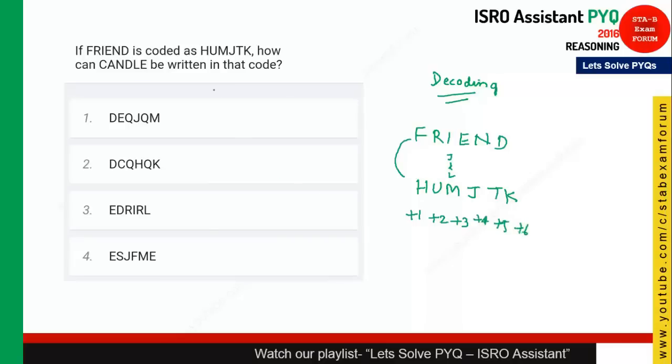The word which we need to code is CANDLE. Let's write CANDLE first. As I told you, there should be one character between these. So C, D and next should be E. Out of these four options, you can straight away eliminate option 1 and option 2.